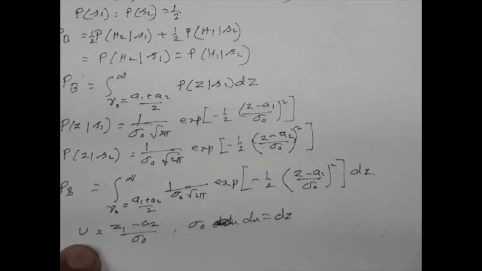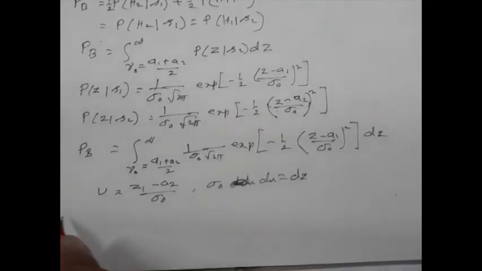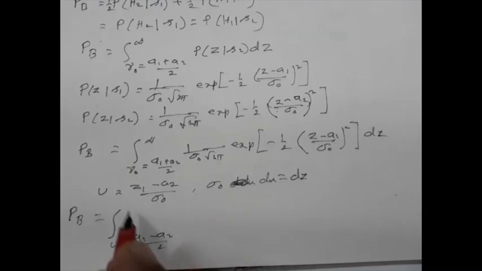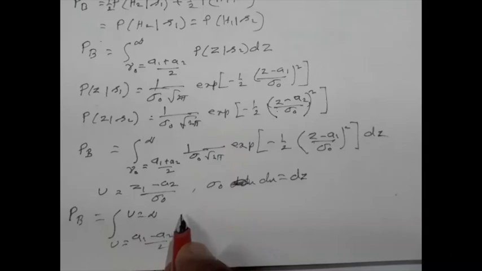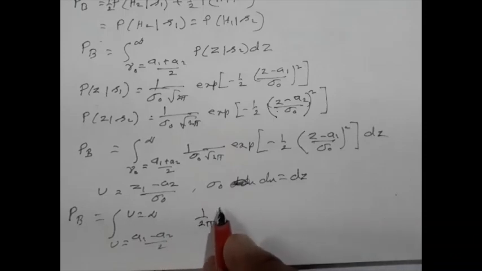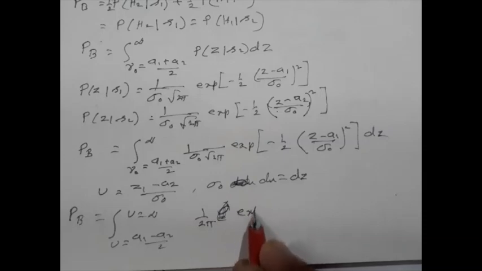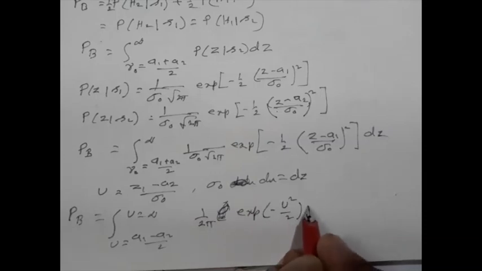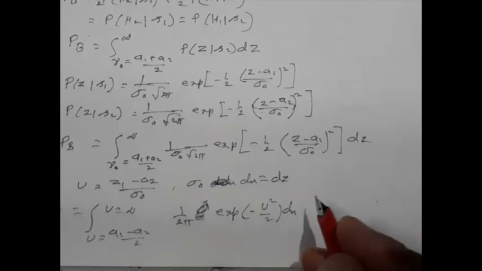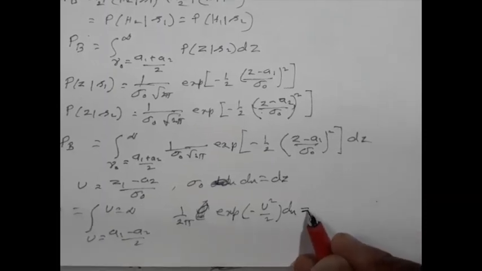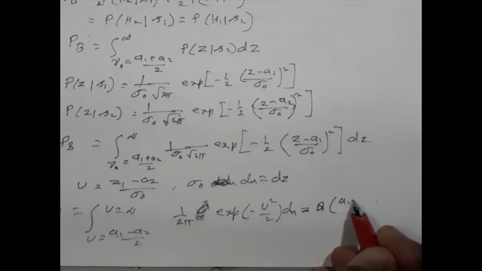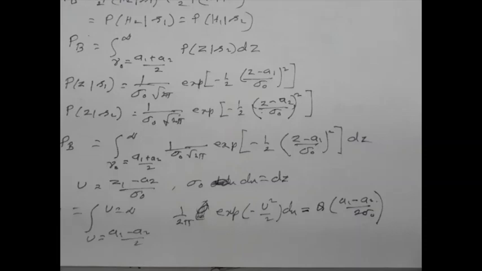If we make this running variable as u, we can write the error probability P_B equal to the integral from u equal to (A2 minus A1) by 2 sigma 0 to u equal to infinity of 1 by root over 2 pi times exponential of minus u squared by 2 du, and this is a standard form of the Q function with argument (A1 minus A2) by twice sigma 0.